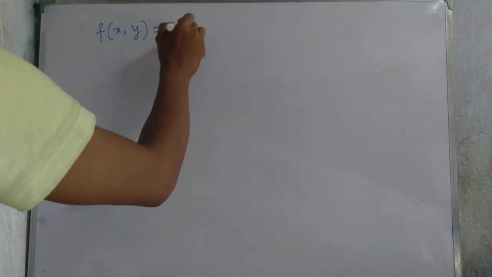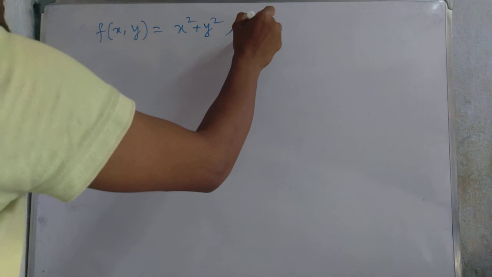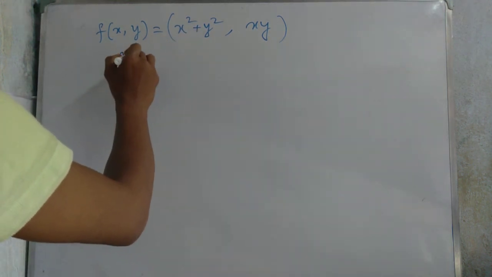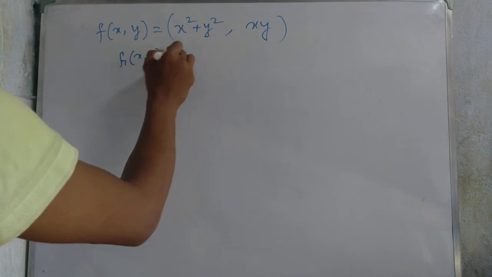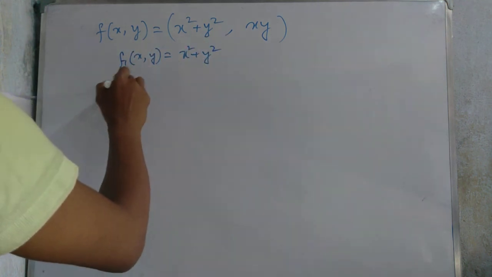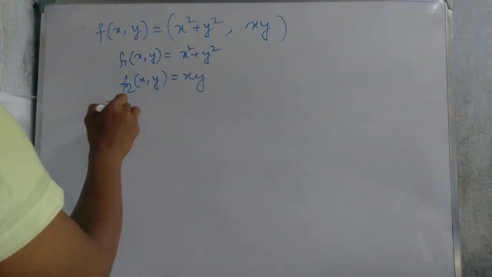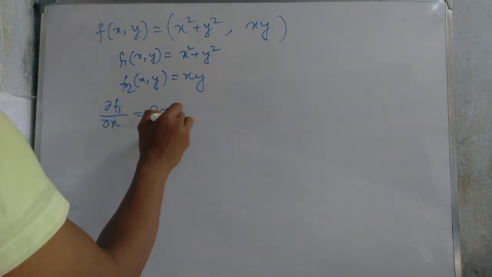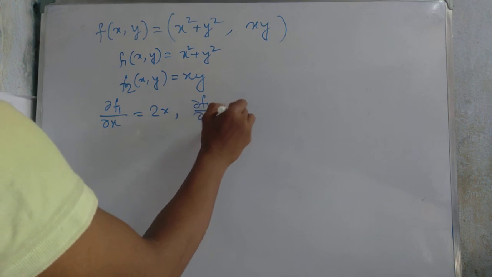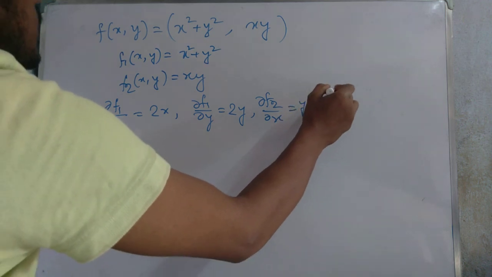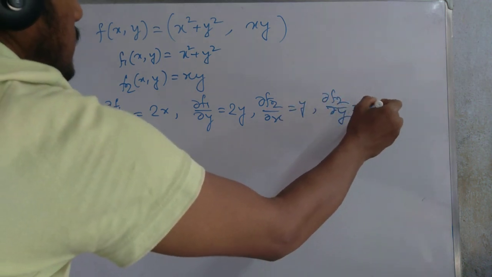Let f(x,y) equal (x square plus y square, xy). Then f1(x,y) equals x square plus y square and f2(x,y) equals xy. Then ∂f1/∂x equals 2x and ∂f1/∂y equals 2y. Here ∂f2/∂x equals y and ∂f2/∂y equals x.